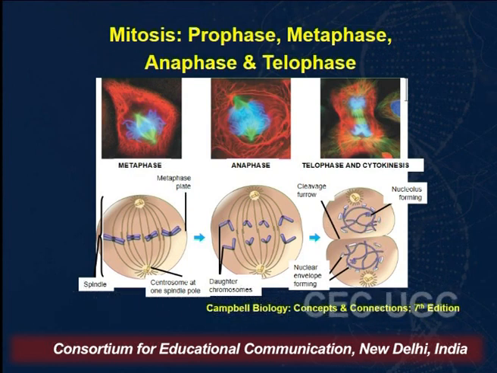Now if we see in the next phase, there is a cleavage furrow which is formed, and subsequently from one cell, two daughter cells are formed, and each of them contains a copy of that particular chromosome. So we can see these cells divide with the help of the specialized functioning which is called the cell cycle, and this cell cycle is divided into two phases.